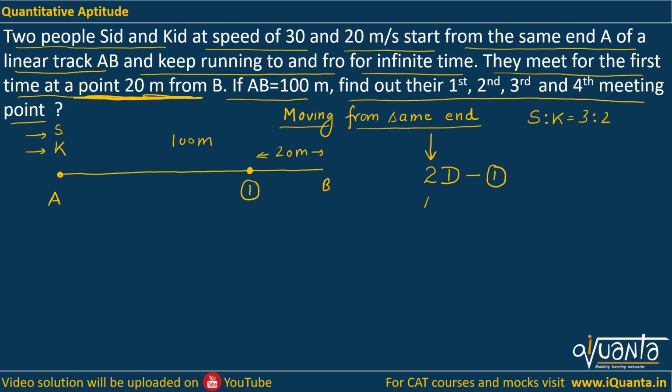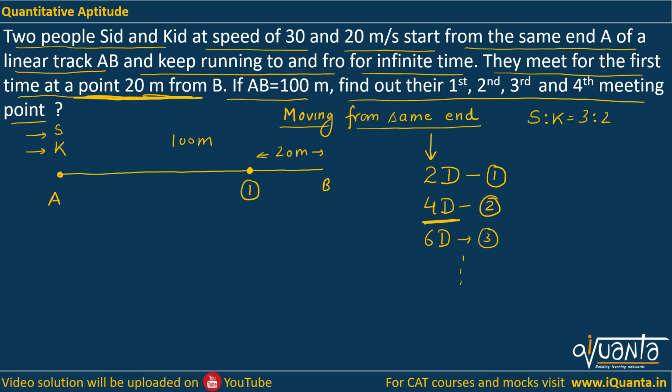Then second meet would occur at 4D distance. This is the total distance that will be traveled by both the bodies together. Then third meet would occur at 6D distance. Similarly, 8D, 10D, 4th, 5th meet would be occurring at those distances. All the distances that I am talking about, these are traveled by both of them together.